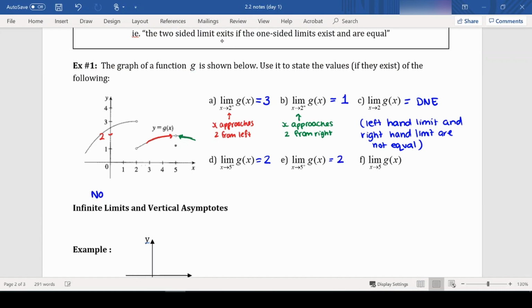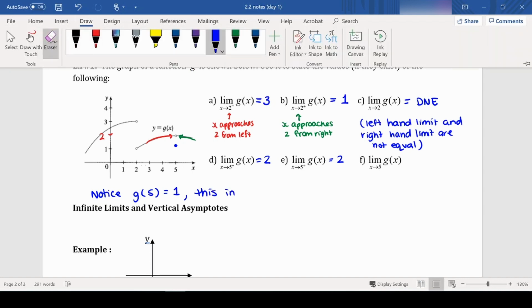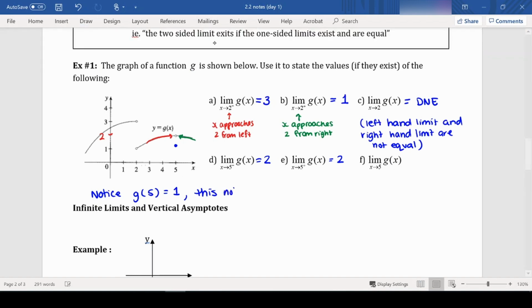So notice g of 5 is equal to, it looks like about 1.5 or 1, right? That's this point here. This is not equal to our limit. Okay.